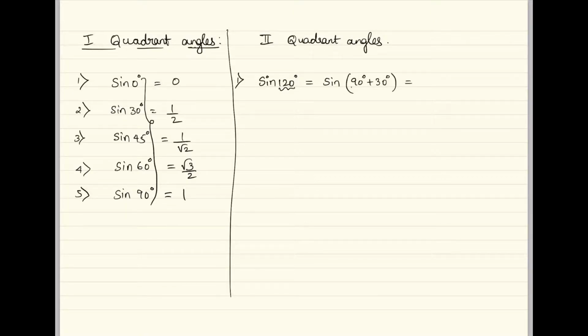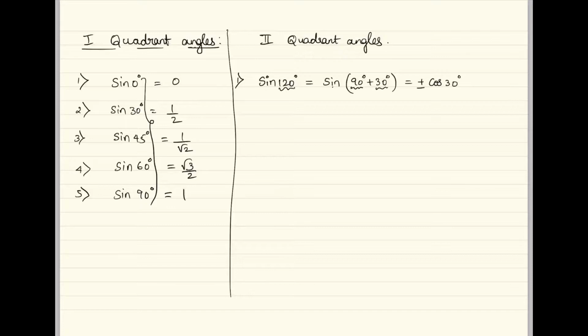Now whenever 90 degree is coming, sine should change to cos. Whatever is remaining should come here, and before this you should get plus or minus. Whether it is plus or minus depends upon your previous concept.